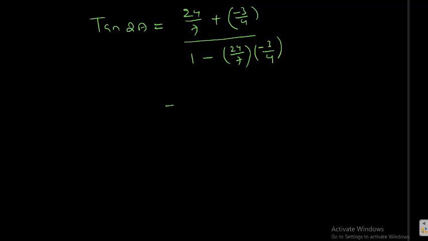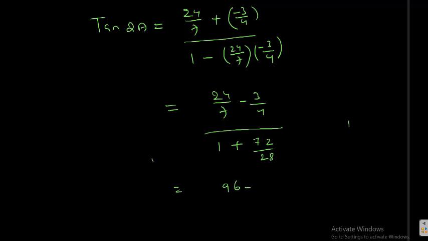Okay, so that is 24/7 minus 3/4 by 1 plus, okay, so 3 4s are 12, 3 7s are 21... by 28. Okay, 28 LCM, 96 minus 21 by 28 by 28 plus 72 by 28. 28 get cancelled.